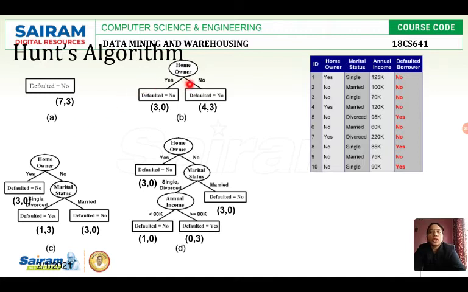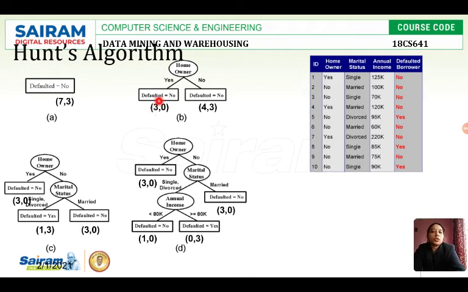So the first attribute I am taking is Homeowner. If I take homeowner, what are the values we have? Yes or no. So I am dividing it into 2, yes and no. If I had only homeowners, there would be no need to divide, but I have both conditions, so I am splitting it into 2 nodes, yes and no. Here, among the homeowners, the counts of defaulted and non-defaulted borrowers are 0 and 3, so 3 comma 0.